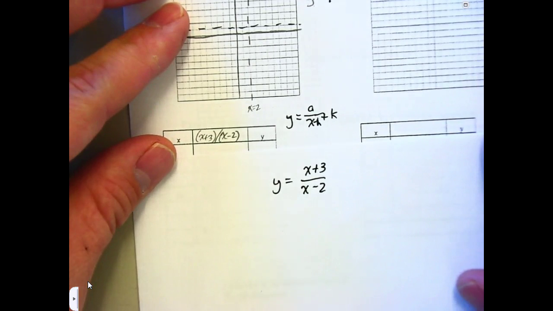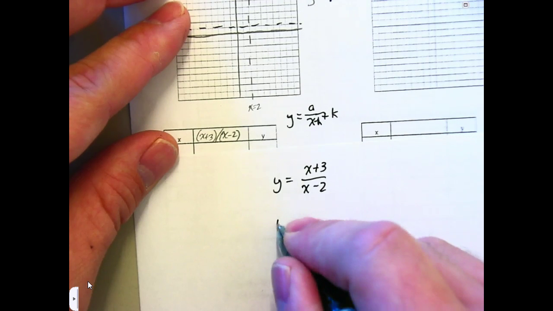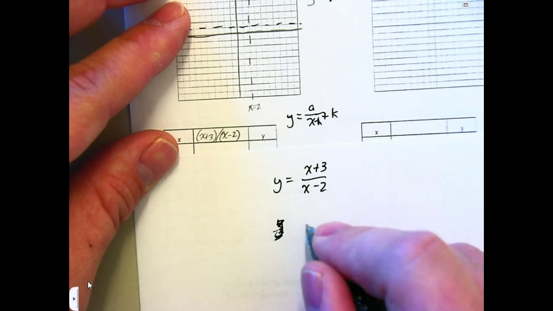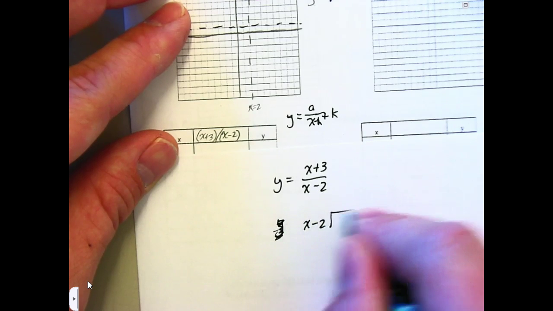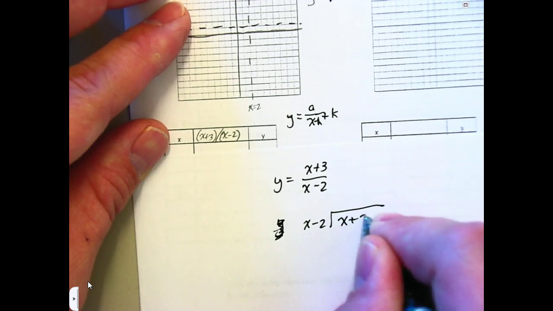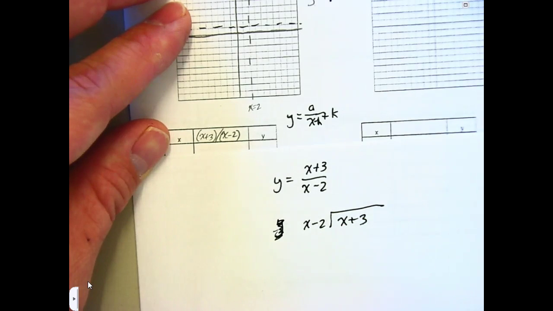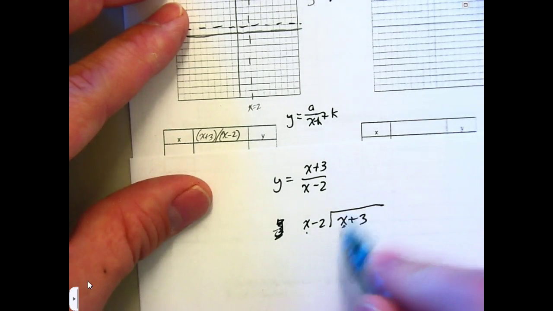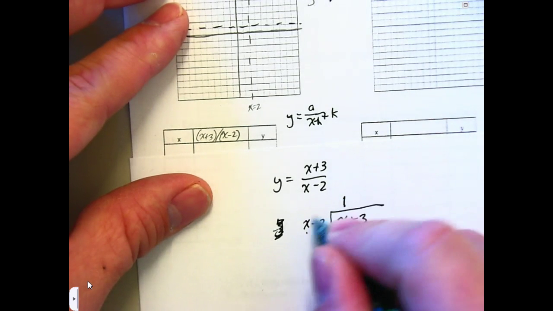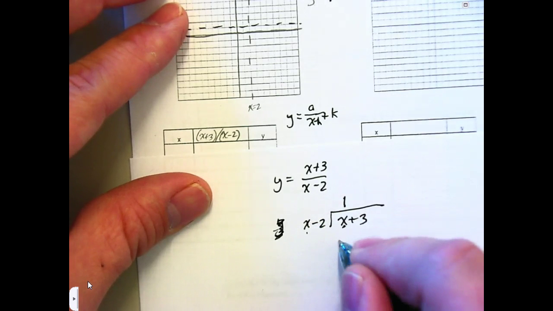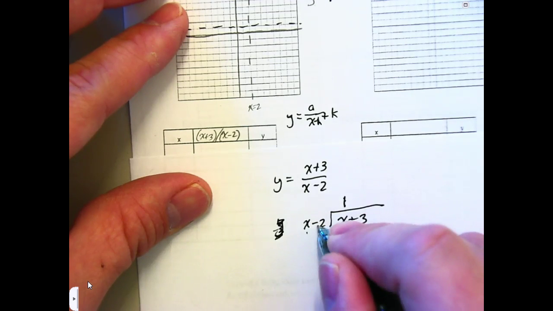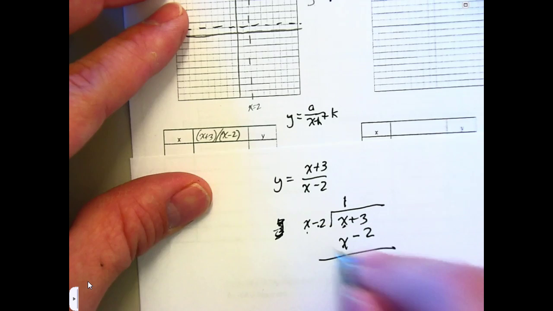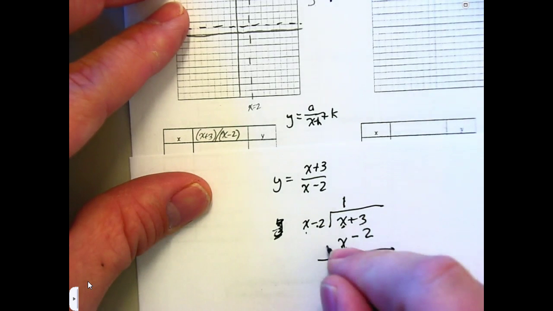So that's where you would say, I know that if I'm dividing x plus 3 by x minus 2, how many x's go into x? 1. 1 times x is x. 1 times negative 2 is negative 2, and I subtract, which means the same thing as adding the opposites.